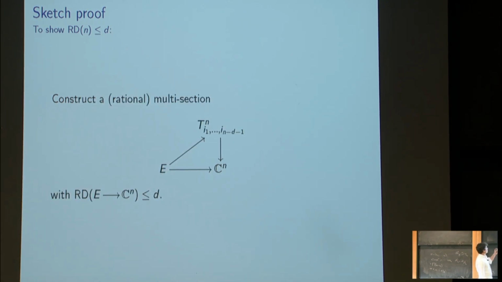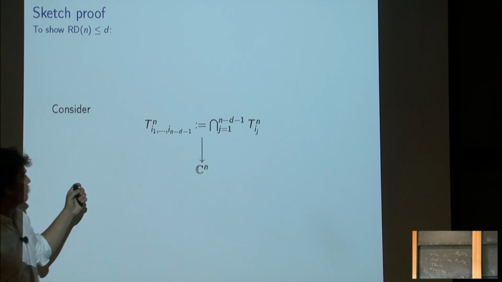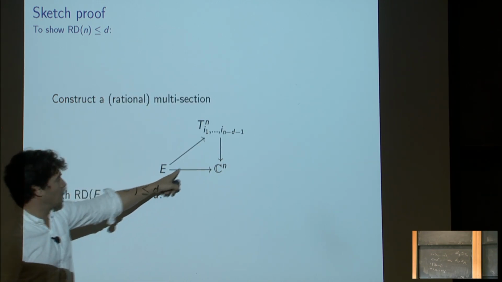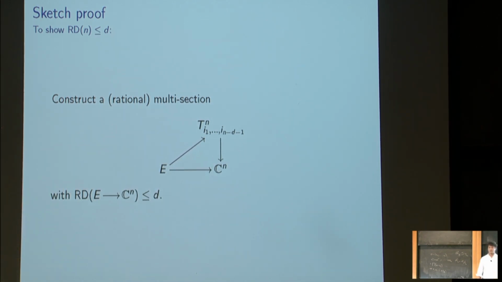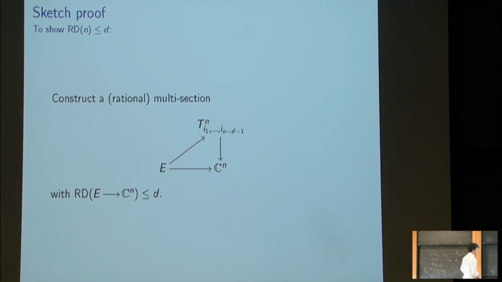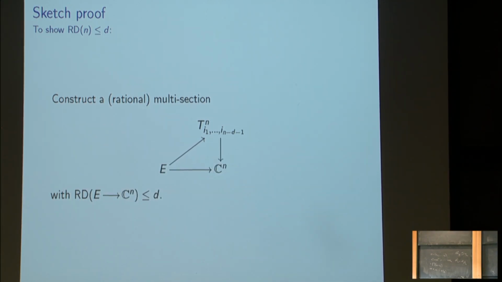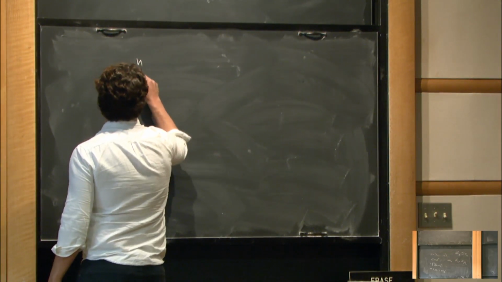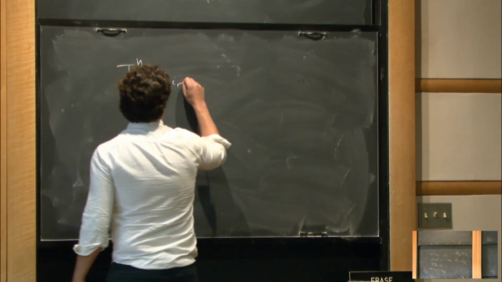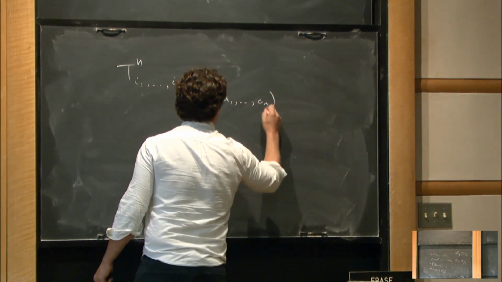The paradigm here is how do we show that the resolvent degree is at most d? One way to do it is to find a nice multisection of this family of complete intersections. It's worth commenting that if you want to restate this field theoretically, we have this complete intersection, and we can restrict it to the generic point of the base.